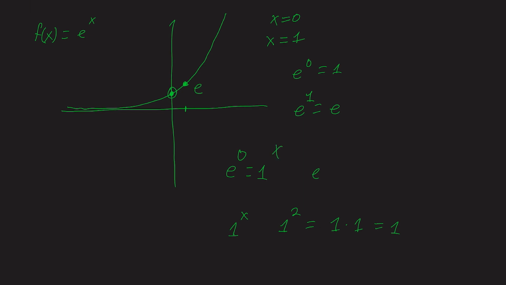So when x is something less than 0, then we're looking at e to the negative something. Okay? We're looking at 1 over e to the something. So 1 divided by something, it makes sense that this would be something less than 1. However, we should also notice that this function is never negative. It never exists in the bottom 2 quadrants. Why is that? Because you can never multiply a positive number by itself and get a negative number.